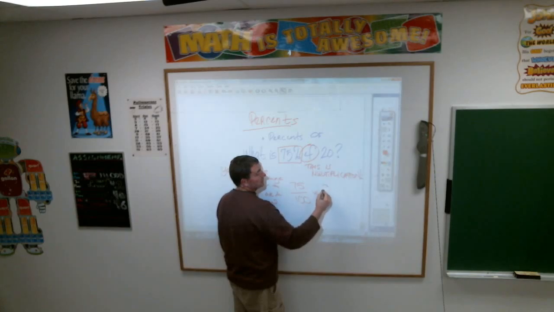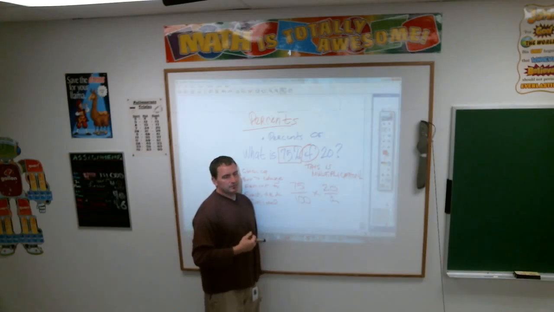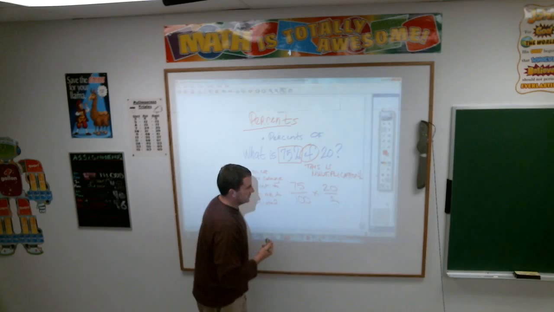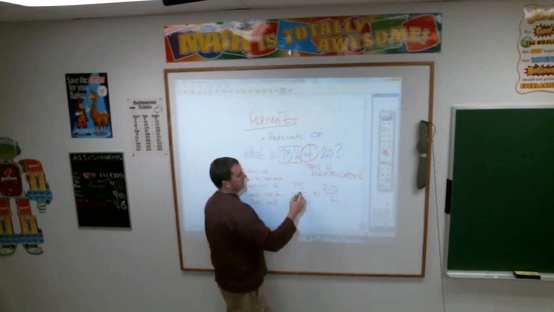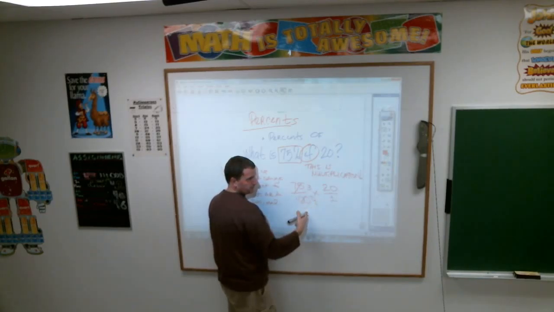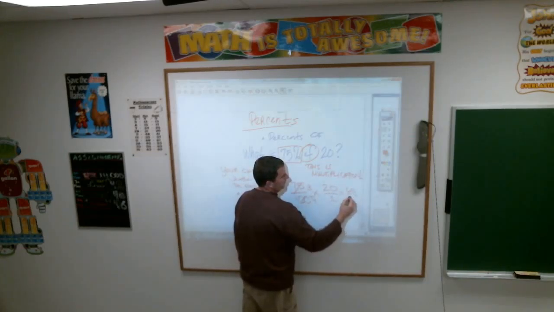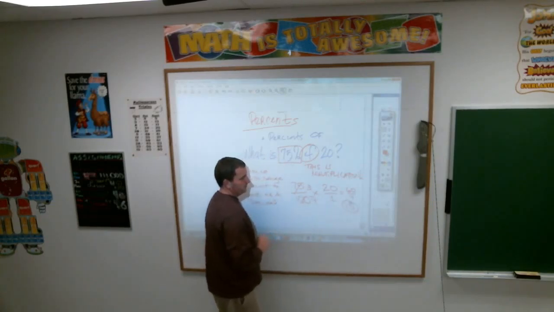Now, to you, that might not seem like a very easy problem, but 75 over 100 reduced is actually 3/4. And 3/4 is a pretty simple thing. Do you do cross canceling? We've done cross canceling. Well, anyways, you get 60 over 4, and that is 15 if you do it out that way.